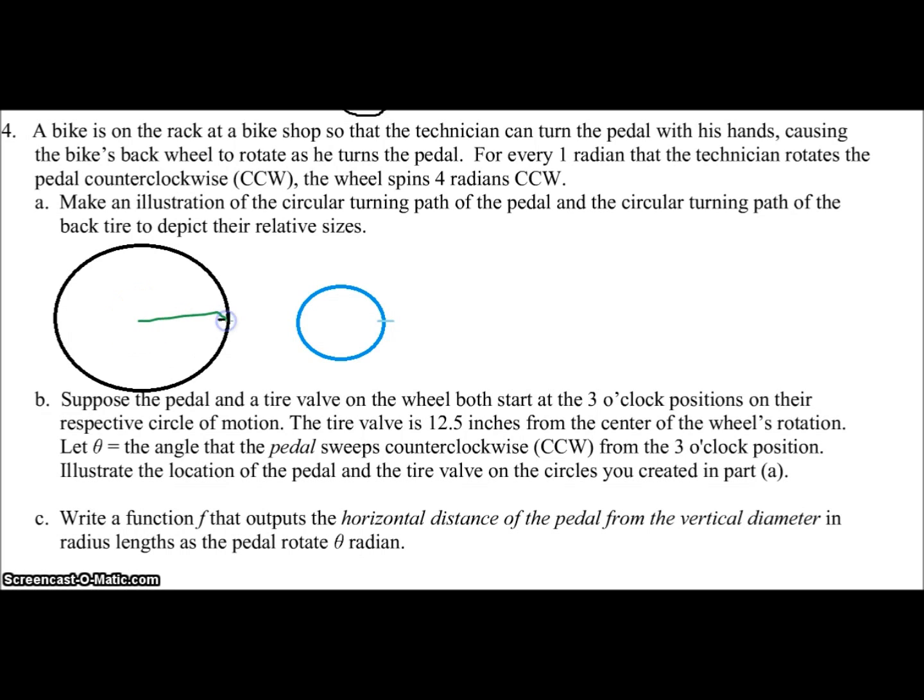That means that the radius of this circle is 12.5. Let theta be the angle that the pedal sweeps counterclockwise from the 3 o'clock position. So our angle theta will be right here as the pedal moves around. Illustrate the location. Okay, I think we've done that.